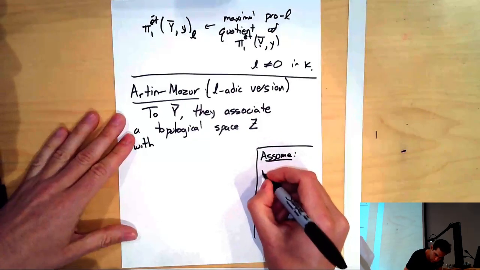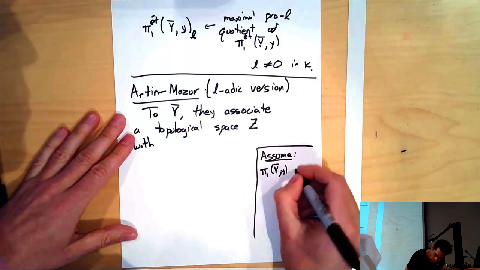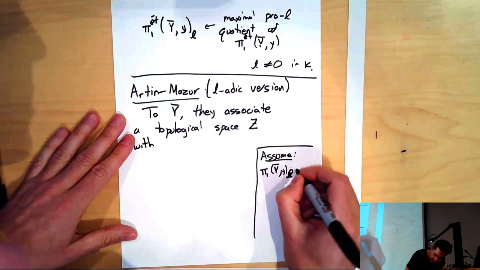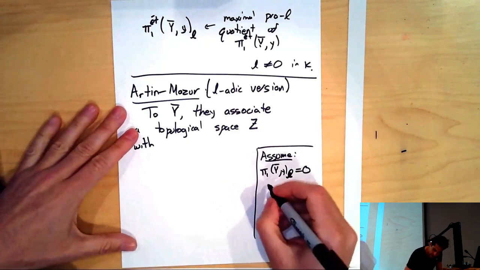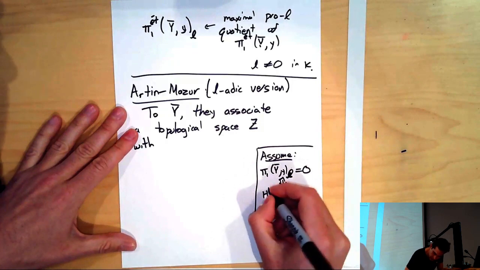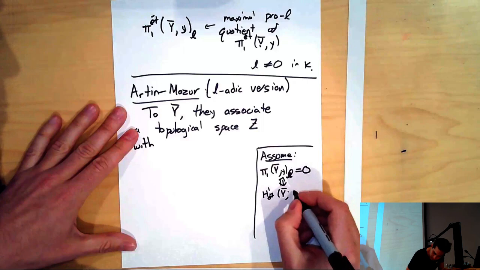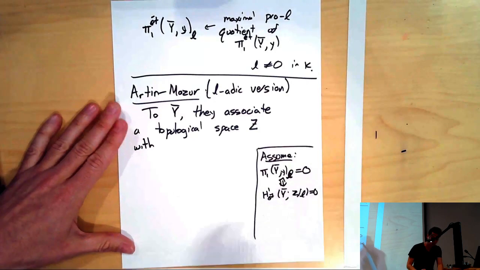I'm first going to assume that this Y bar behaves like it's simply connected, at least at the prime L. So this L-adic étale fundamental group that I mentioned earlier, I want it to be 0. That's equivalent to saying something simpler, which is that the étale cohomology of Y bar with coefficients in Z mod L is equal to 0 in degree 1.